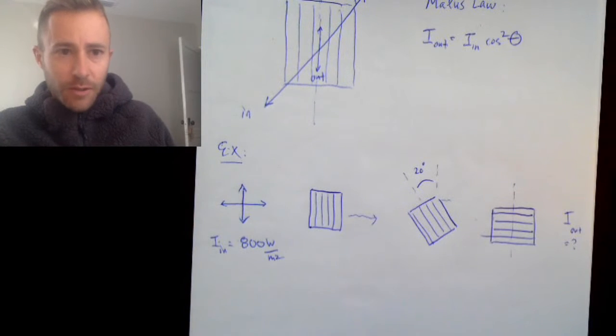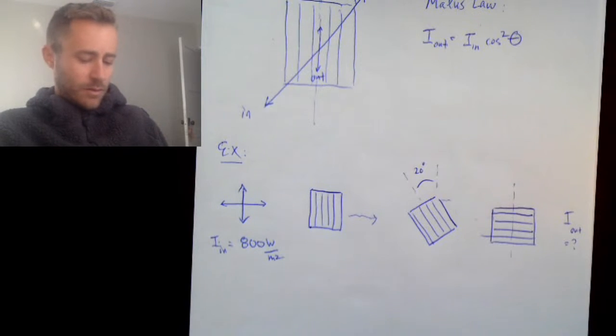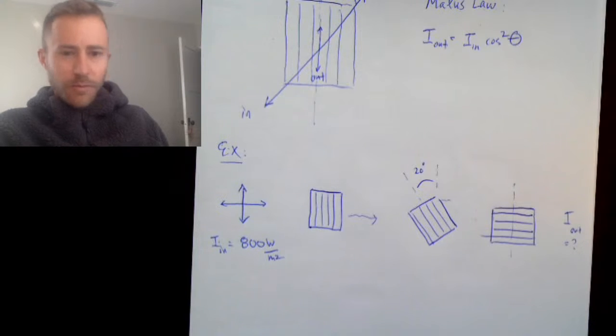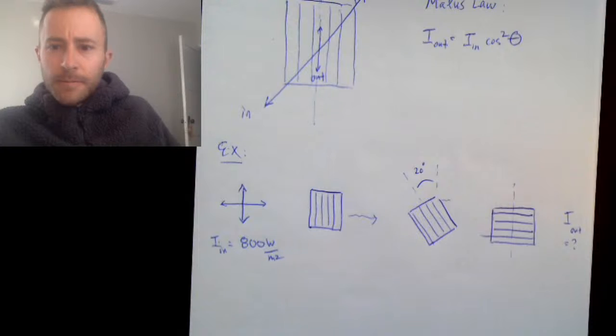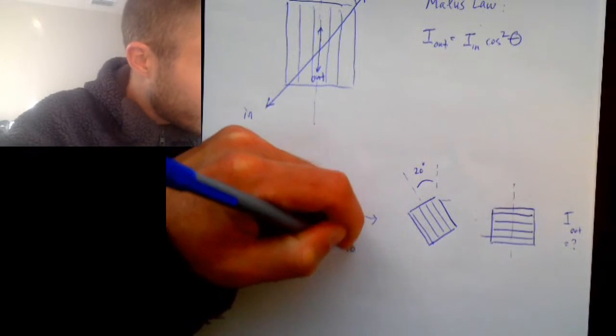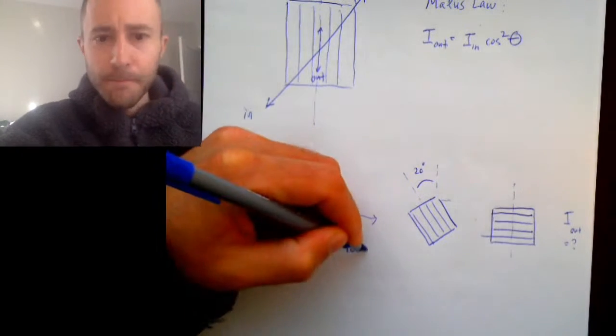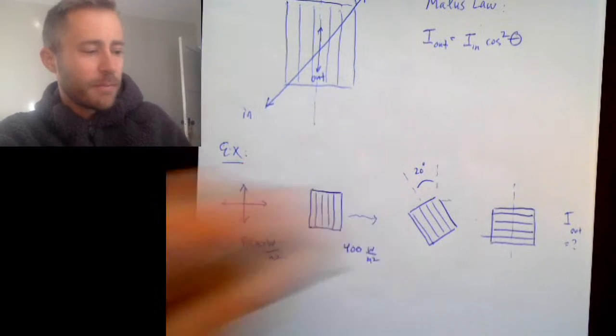What's going to be the intensity after it passes through that first filter? 50% of that, so that's going to be 400. Excellent. So we got 400 watts per meter squared here.